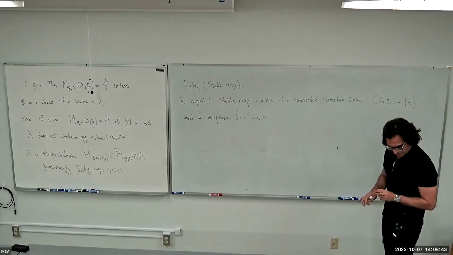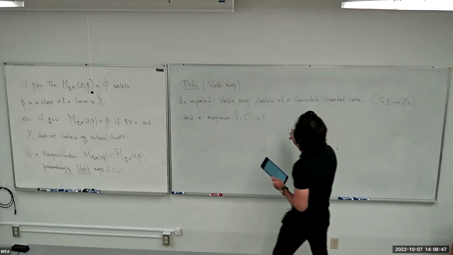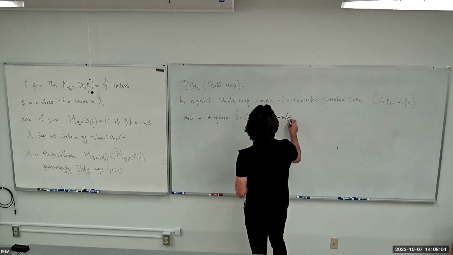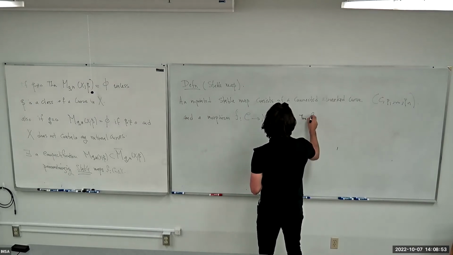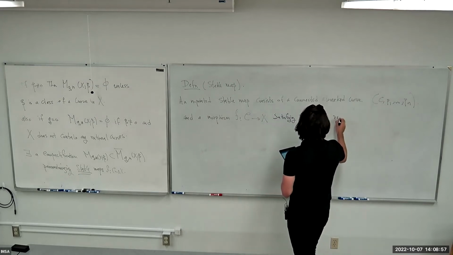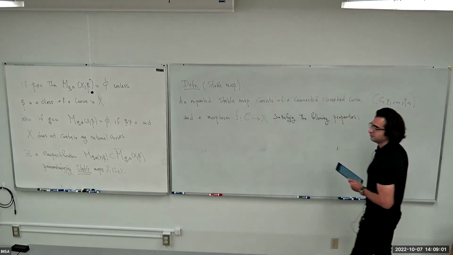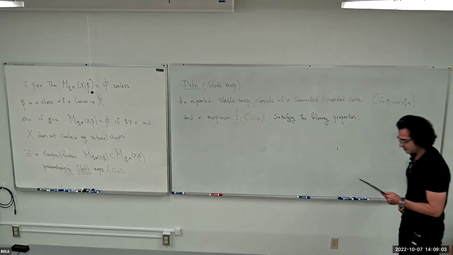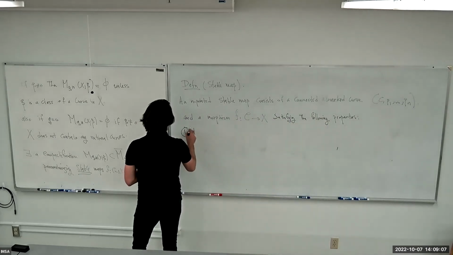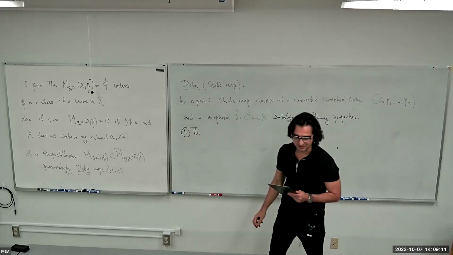a morphism C to X satisfying the following properties. Okay, what makes this stable? One, you see, stability is a way of controlling singularities, really.